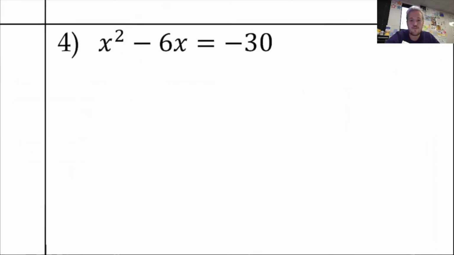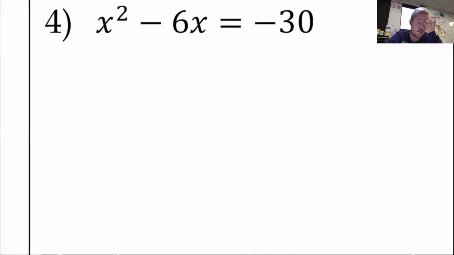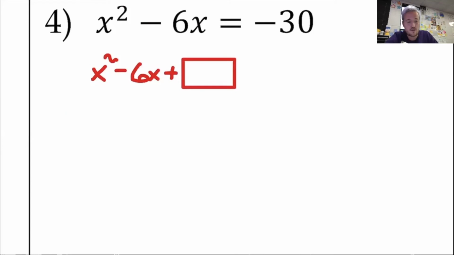All right, number 4. With number 4 here, our a value is 1, so we're good there. Our c value is actually already moved over for us, so that's already done too. So we actually get to start with step 3. I'm going to go ahead and start adding the box on both sides, with b divided by 2 squared.